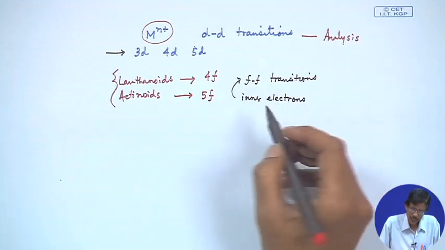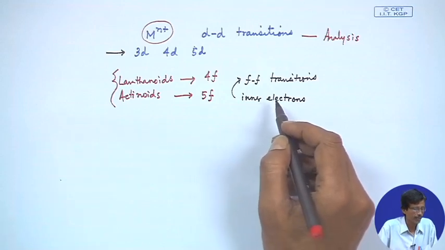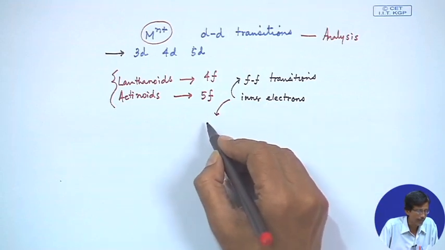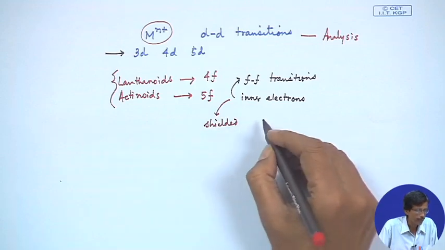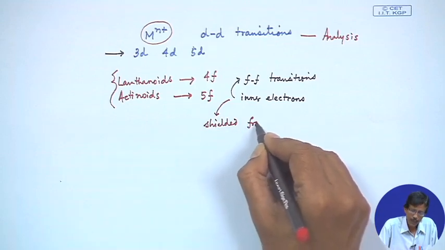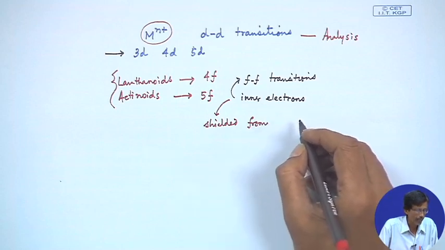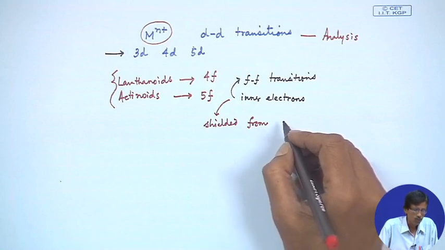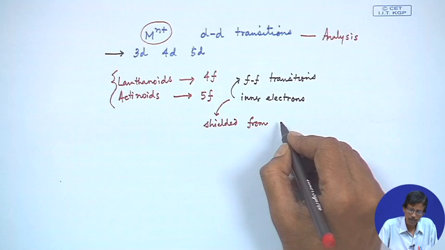These inner electrons will be responsible if we see any f-f transition, but these inner electrons are nicely shielded. They are shielded from any external influence of orbitals coming from the ligands, shielded from orbitals having larger principal quantum number.